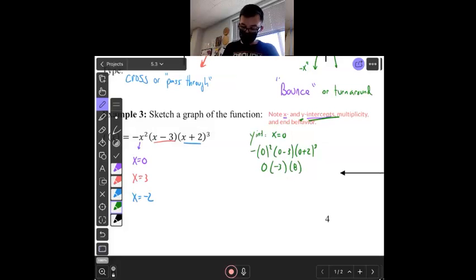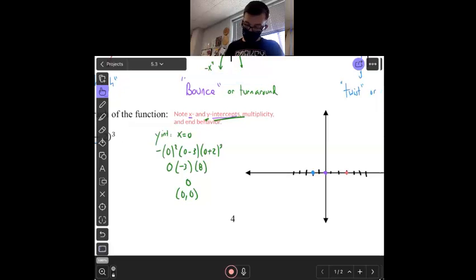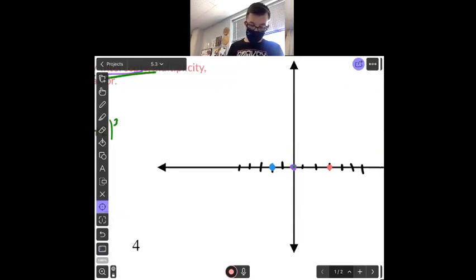Well, 0 times anything is 0. So our y-intercept is (0, 0), which shouldn't have been surprising. Any graph that doesn't cross the y-axis at 0 also could be eliminated. But that point's doing double duty. That's the x-intercept and the y-intercept.